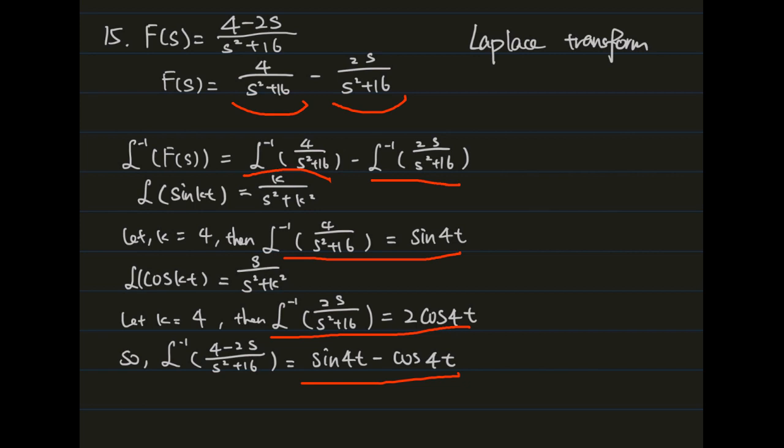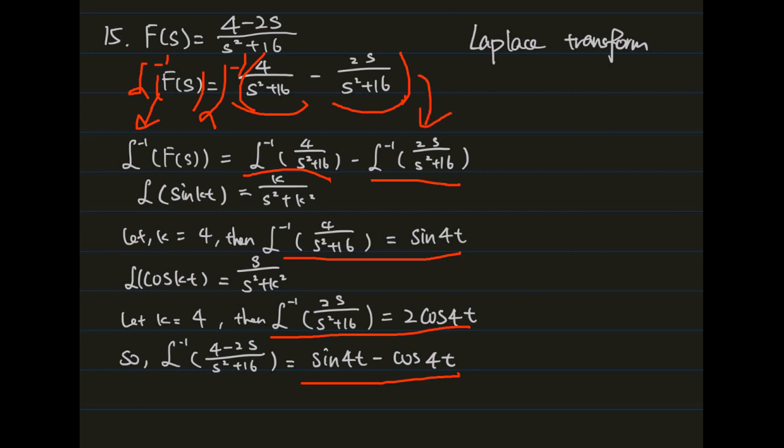Okay. So I understand you're going from this step to this step. You're saying I'm going to take the inverse of Laplace on the left-hand side and on the right-hand side. Which property gives you this?